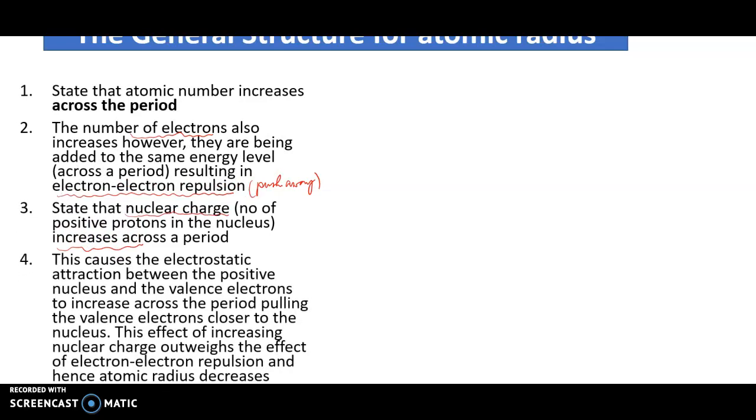So what happens is, because the nucleus is positive, it will attract the negative valence electron, pulling the valence electron closer to the nucleus. This effect of increasing nuclear charge outweighs the effect of electron repulsion, and hence the atomic radius decreases across the period.